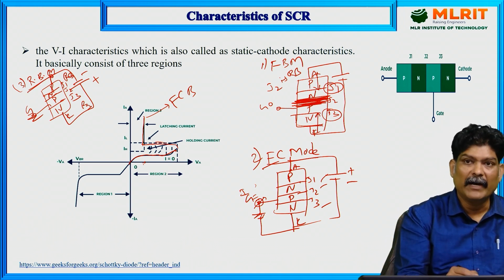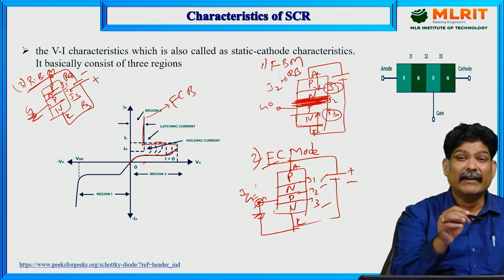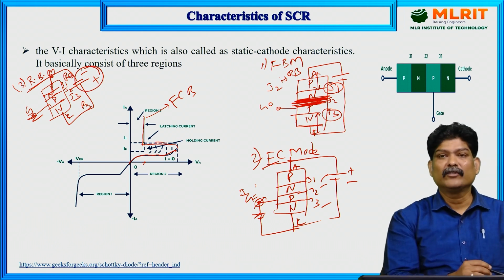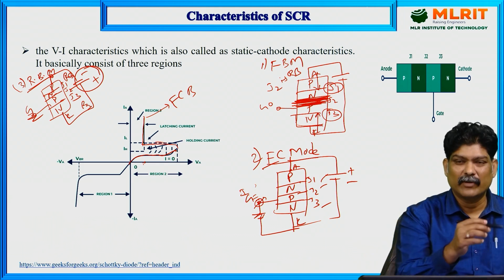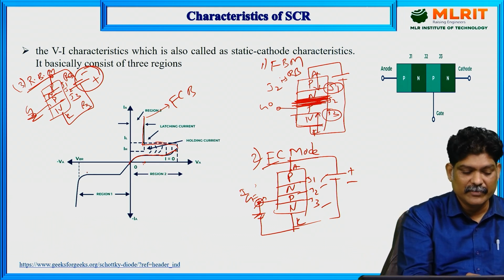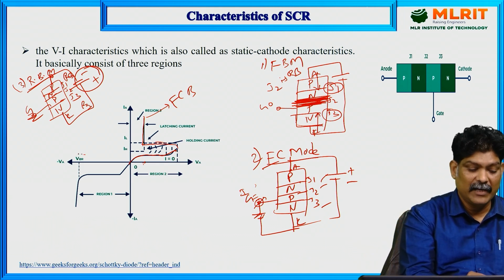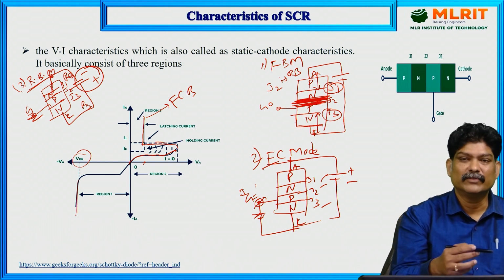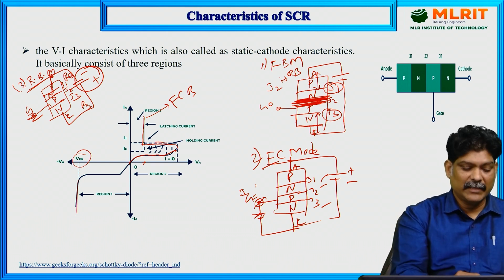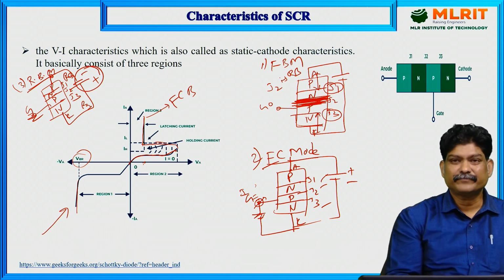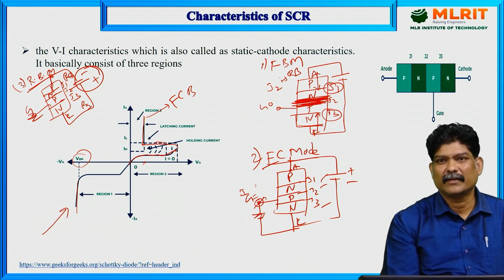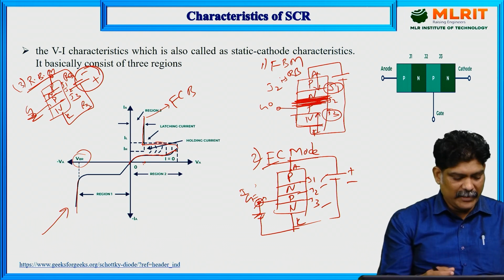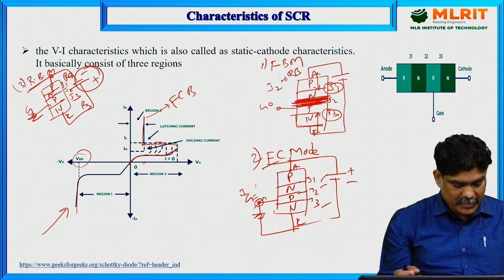But an avalanche breakdown takes place if you increase this negative reverse bias voltage between anode and cathode, and this is the breakdown voltage. After avalanche breakdown, you will have a drastic increase in the current. So this represents the VI characteristics of the silicon controlled rectifier. It operates in three different regions.